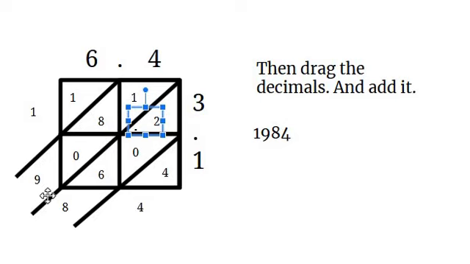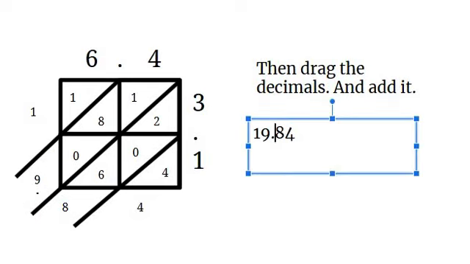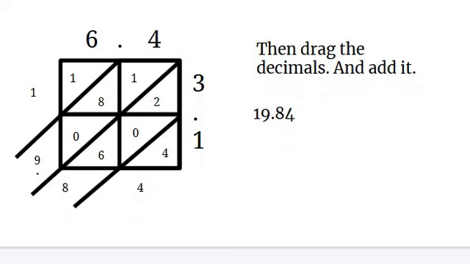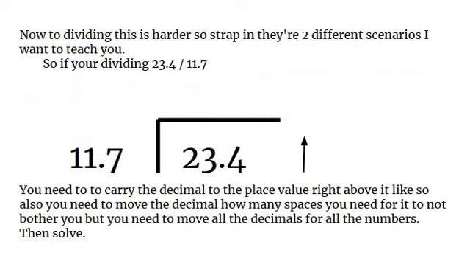Then you go down the diagonal line. So it'd be 19 and 84 hundredths. Oh man, I need to stop doing that.